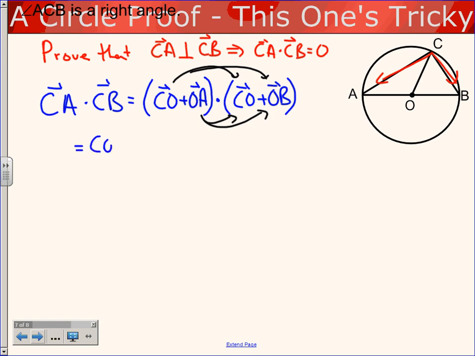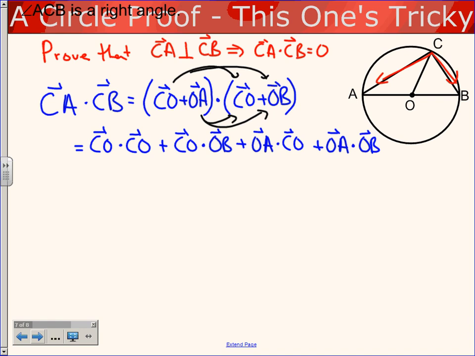So that's going to be CO dot CO plus CO dot OB plus OA dot CO, and then finally OA dot OB.